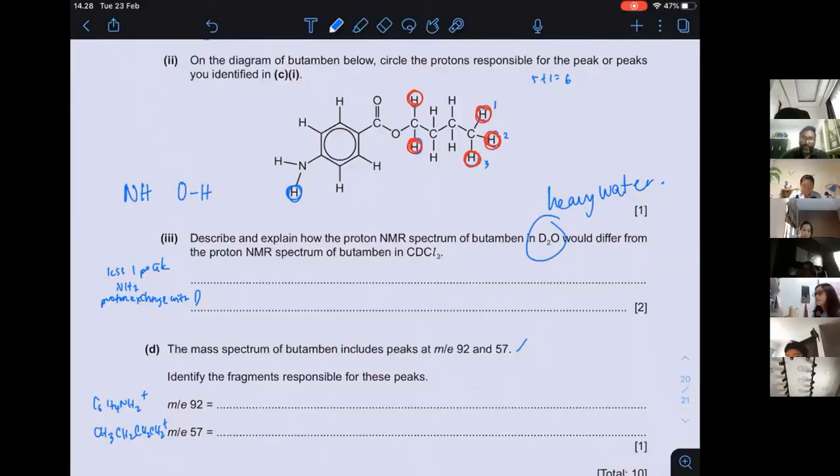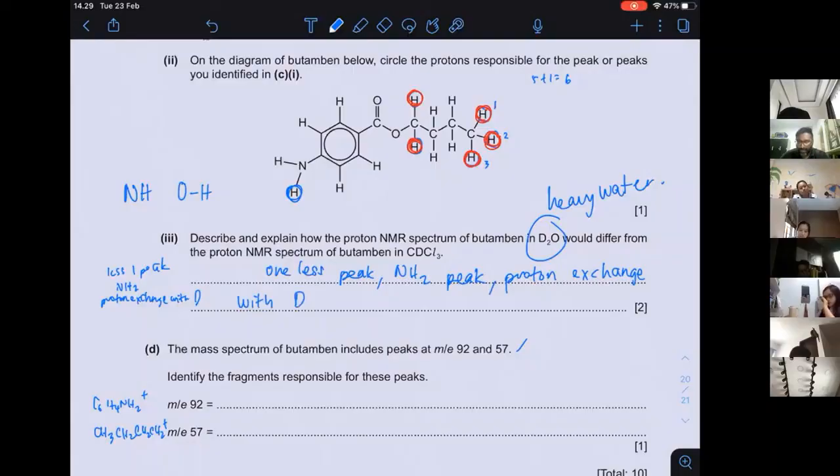So how do I explain that the peak is disappearing? You just say one less peak. Which peak is that? The NH2 peak. Why? Because there is a rapid proton exchange with the deuterium atom.